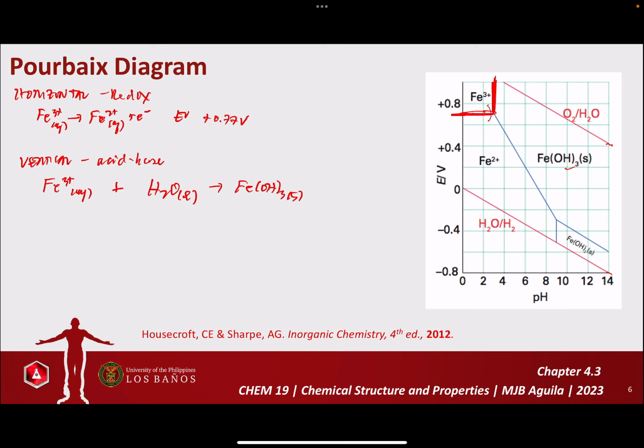So water, plus H plus. Balance it, we have 3 H+. You can just check the pH, whatever that pH is. I think it's about maybe pH 3. Iron 3 plus will precipitate in aqueous solution as ferric hydroxide.